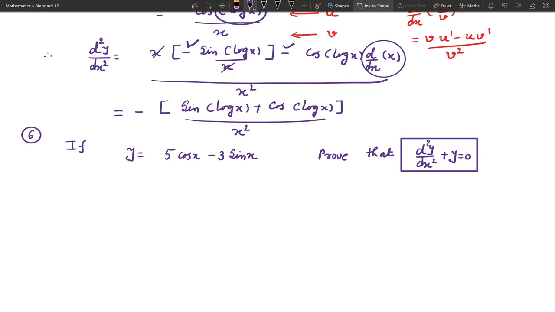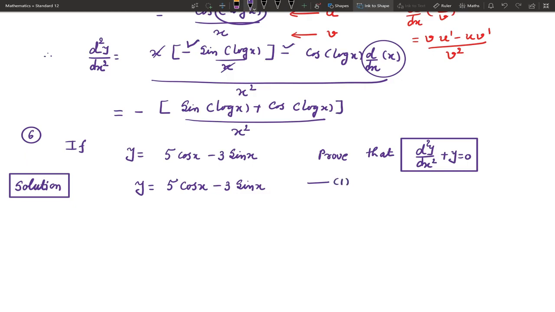Now y equal to 5 cos x minus 3 sin x. We denote this result by 1.